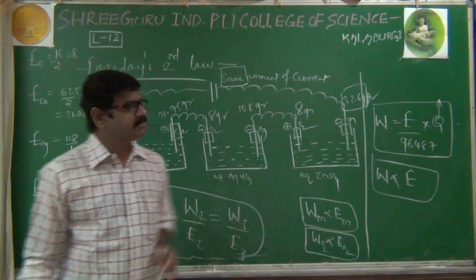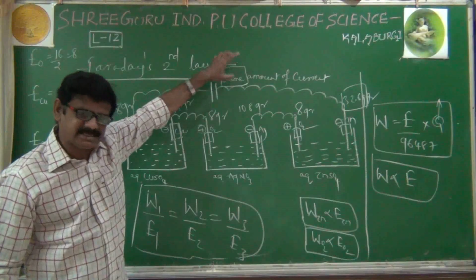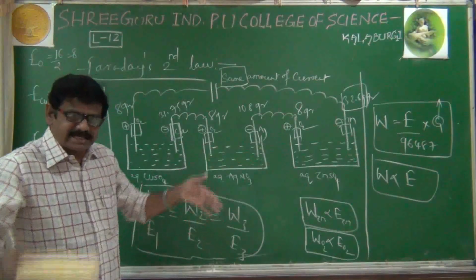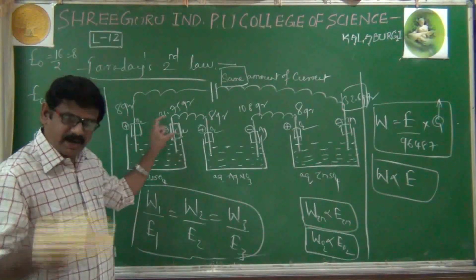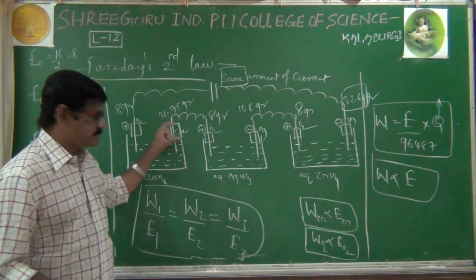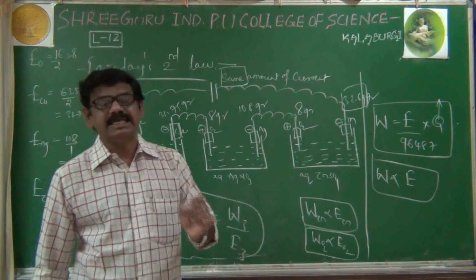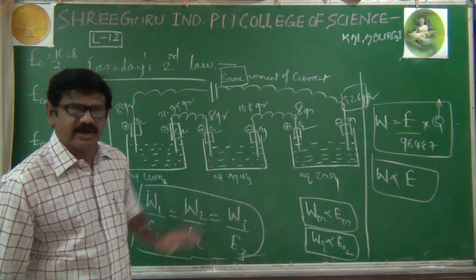That's it. I'll repeat. When the same amount of current is passing into different electrolytic cells connected in series, then the amount of substances deposited is directly proportional to their equivalent masses. This is the second law of Faraday.